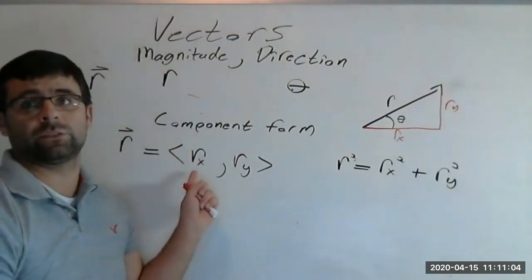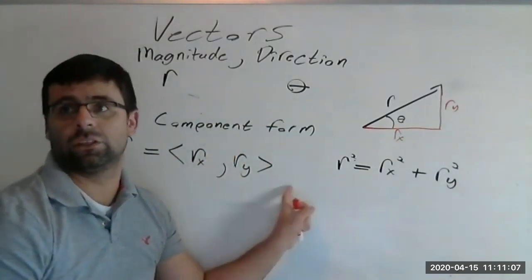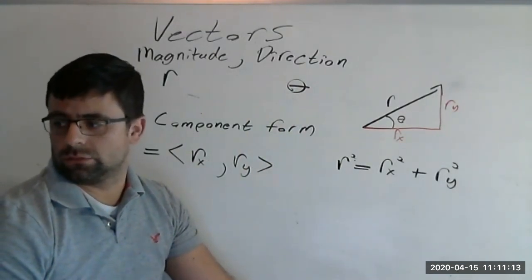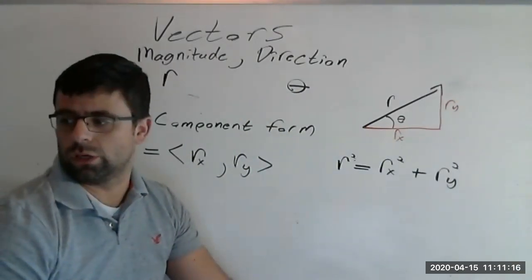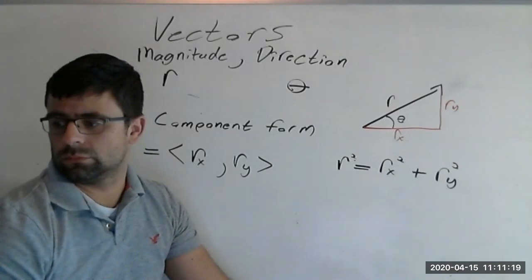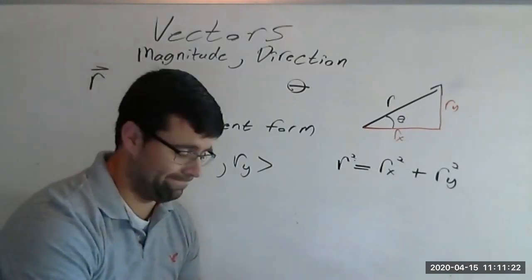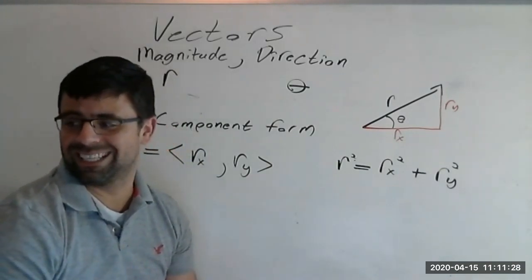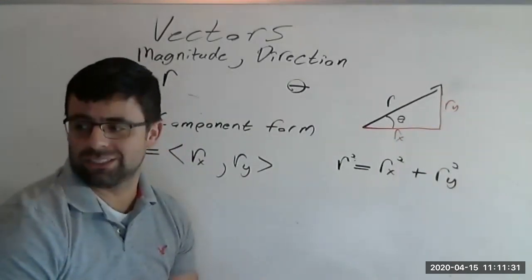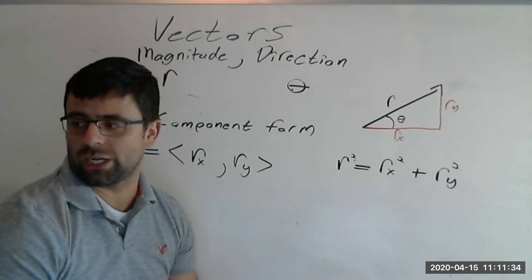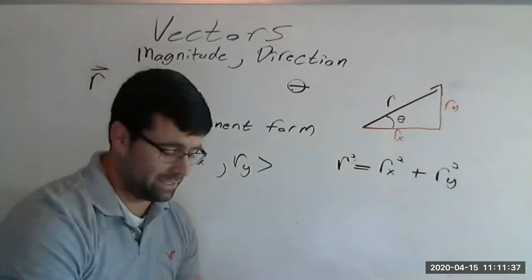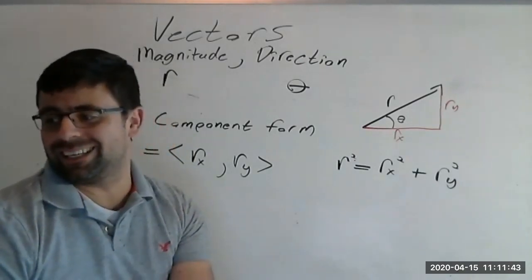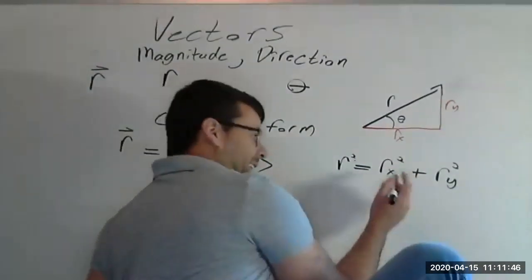What of the four things, 1, 2, 3, and 4, do we not have a relationship for yet? Theta. So what is the relationship for theta? Theta equals, however, I'm not for sure. Okay, it's a right triangle. So what happens with right triangles? 180 degrees is what it equals. So this is not good.